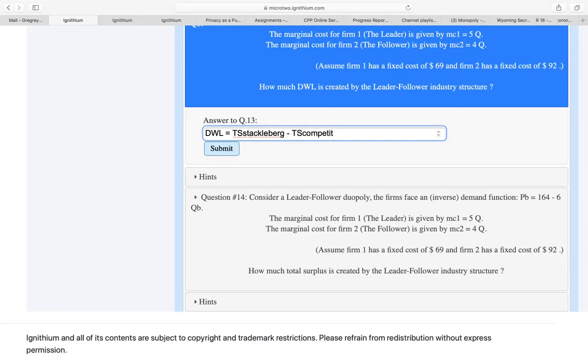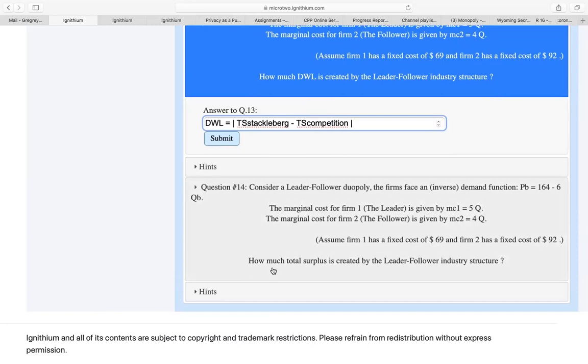So we have to compute the competitive equilibrium, and then remember, for deadweight loss we take the absolute value, because we'd end up with a negative sign, since total surplus is going to be higher under competition. That's what the first fundamental welfare theorem tells us. And then we need to know how much total surplus is created in the leader-follower model. So we have to know both of those things.